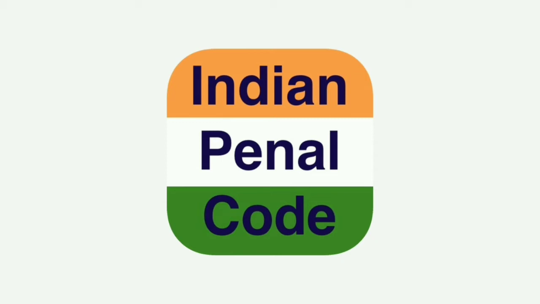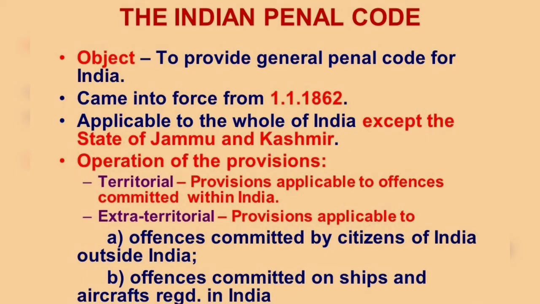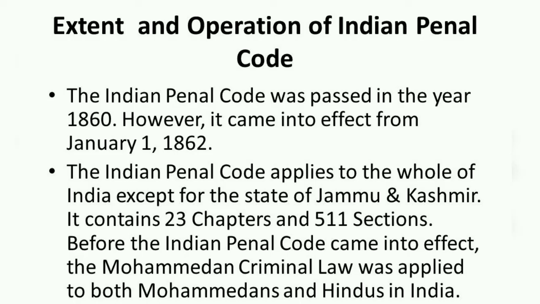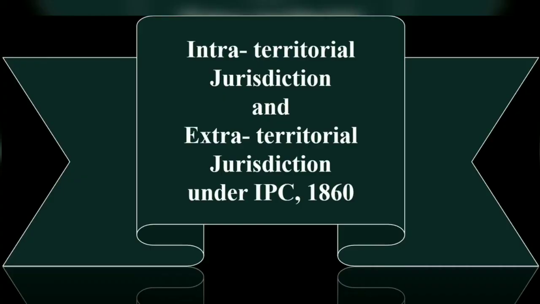The state of Jammu and Kashmir had its own penal code known as the Ranbir Penal Code, but Article 370 was removed from the Constitution, and also Article 35A was removed on August 5, 2019. According to that, the Indian Penal Code is applicable to Jammu and Kashmir also.